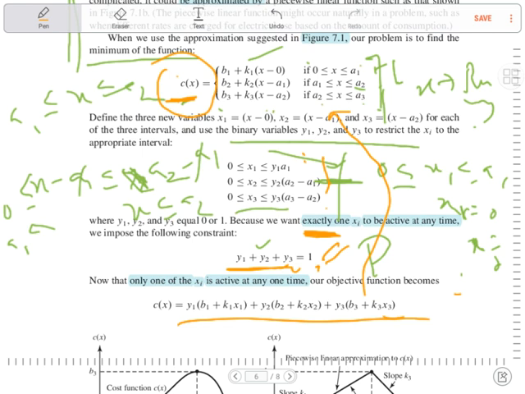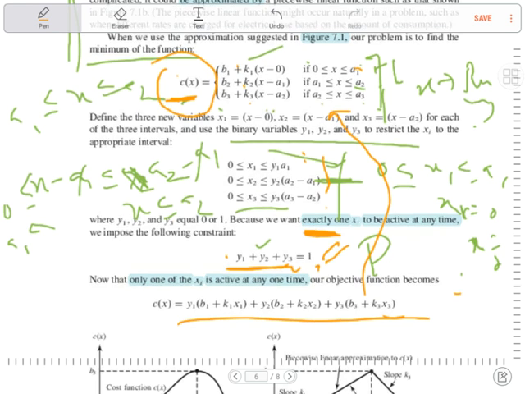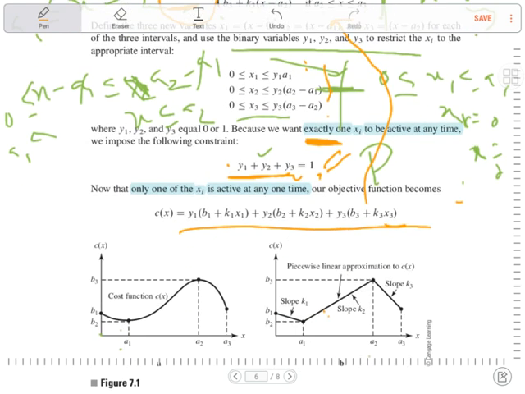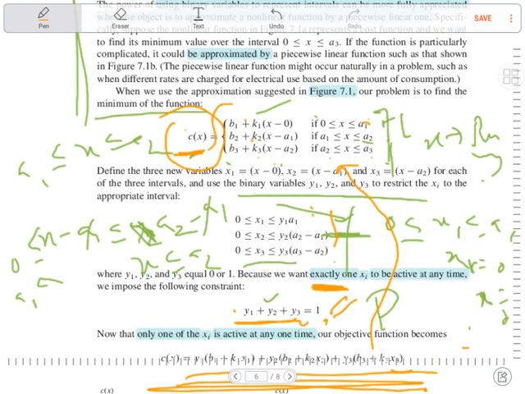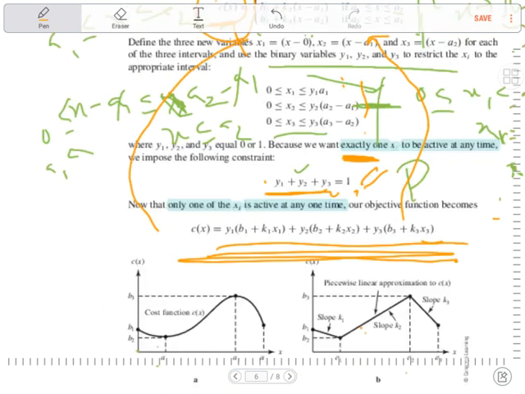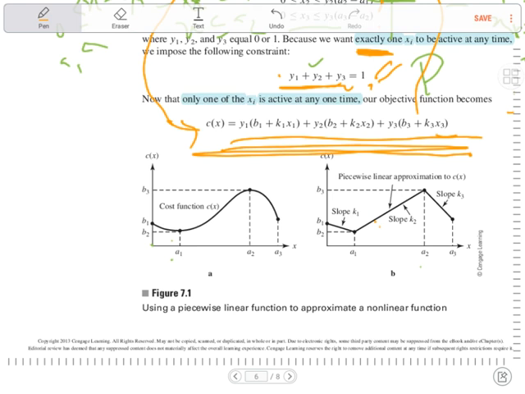As I said, exactly one will be active, so either this part or this part or this part is active, depending on which part your point is lying. So quite easily you can write it. These three branches just combine to form a single branch. Exactly the same thing remains. It is the utility of using the binary variables here.